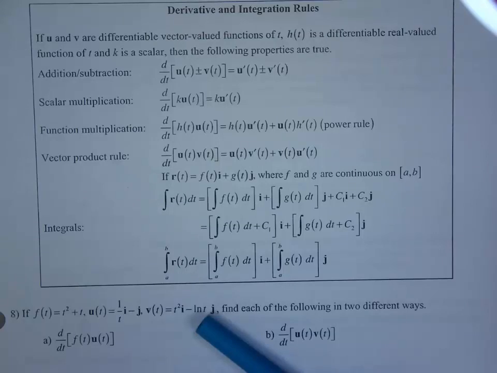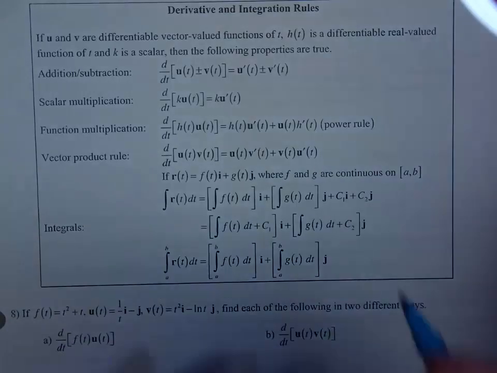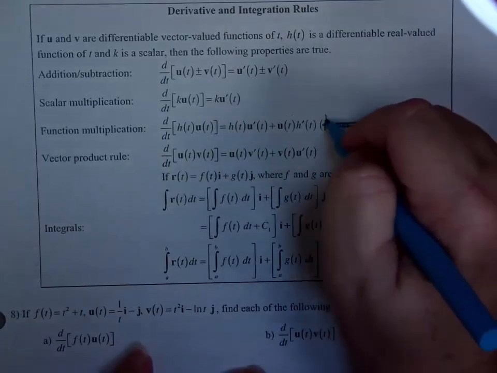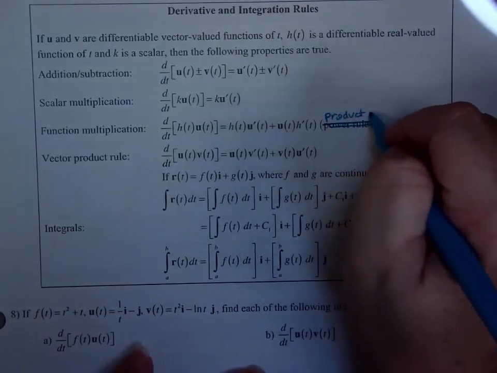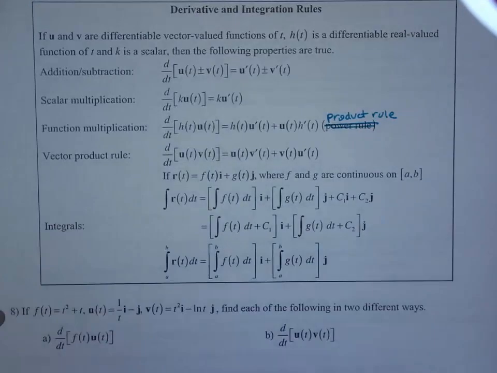Now, there is a mistake on the third line. They invoked the wrong rule. What rule are they doing on that third line right there? That is product rule, not power rule. So this is product rule.